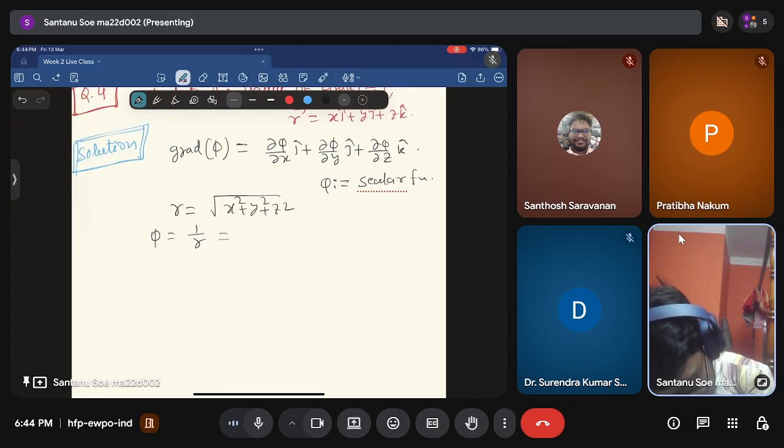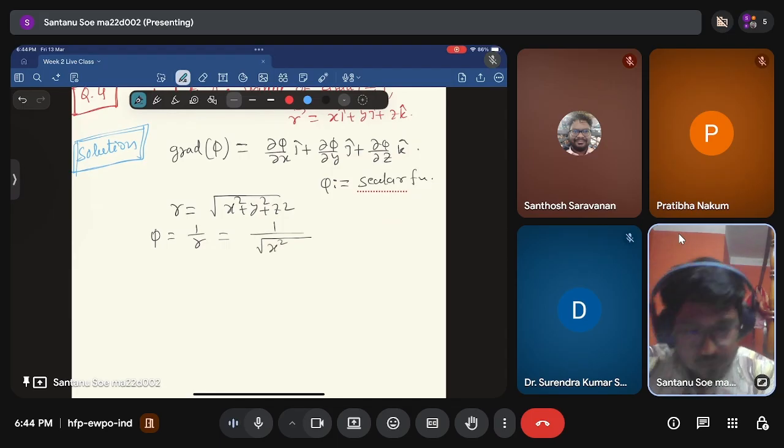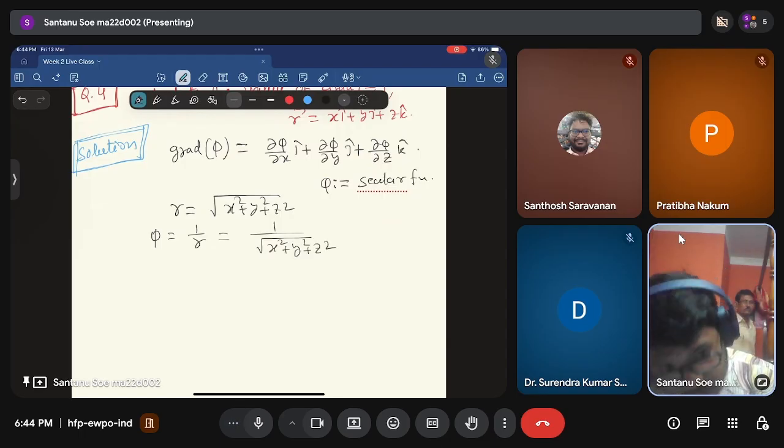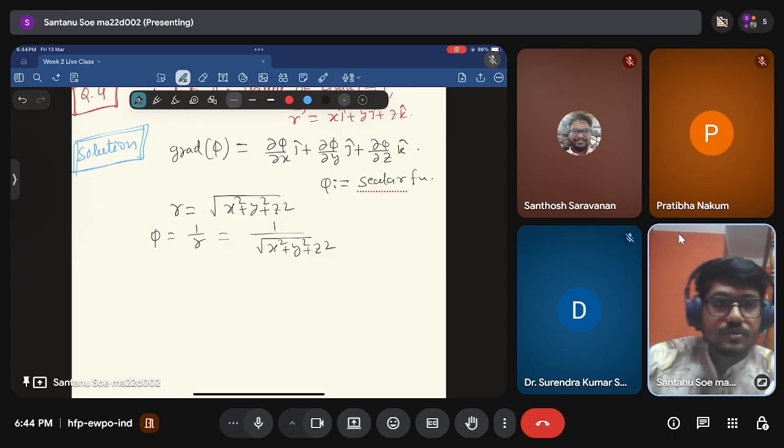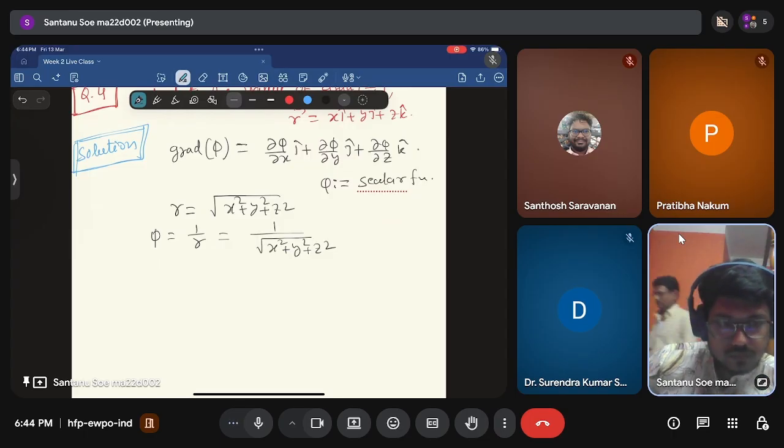So this is just 1 by square root of x square plus y square plus z square.